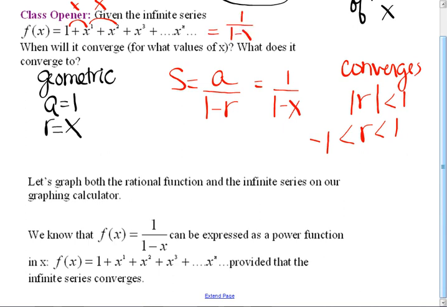Do you want me to graph that again? Remember, the 1 over 1 minus x looks like, well, it's 1 over x. It's just shifted. You have an asymptote here, so it looks like this. And this only converges from... Oh, you're right. It's negative.